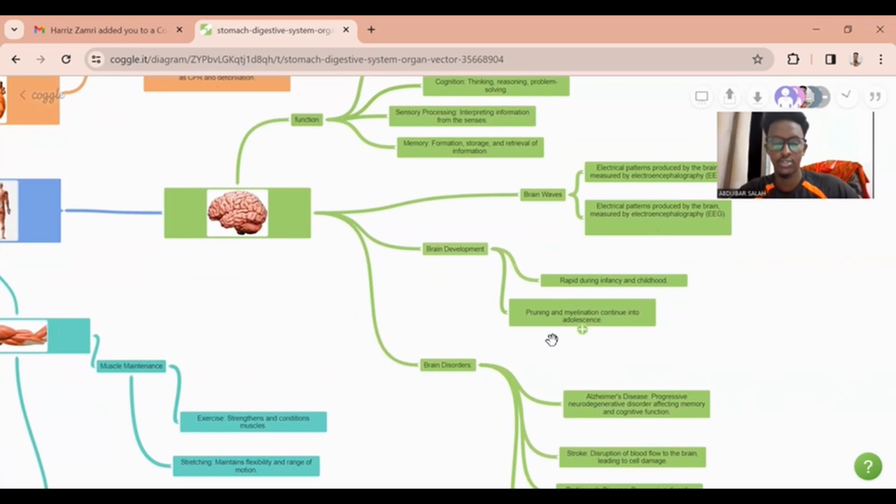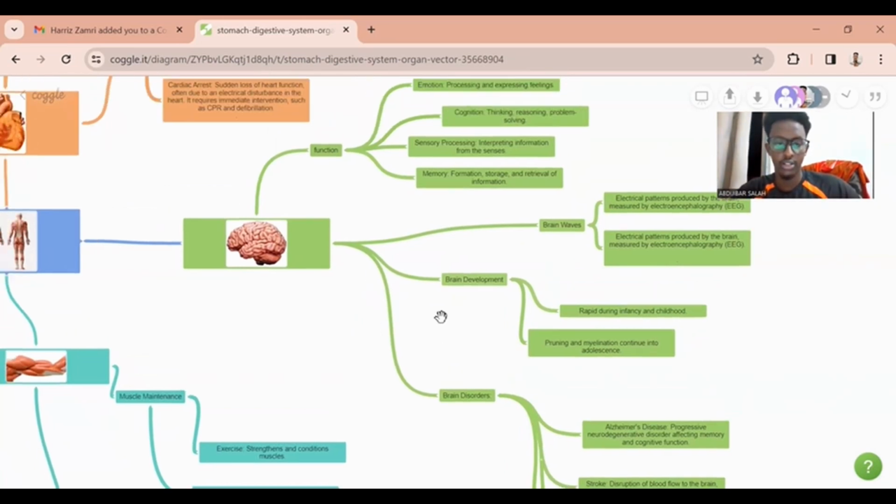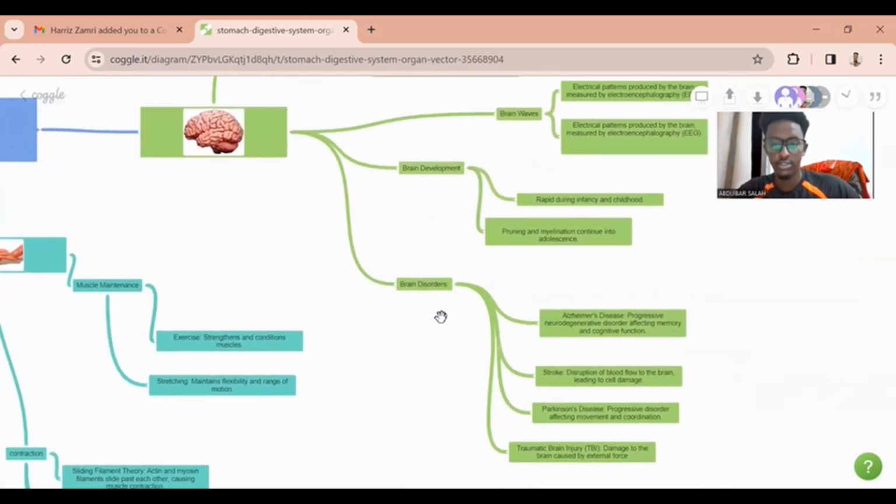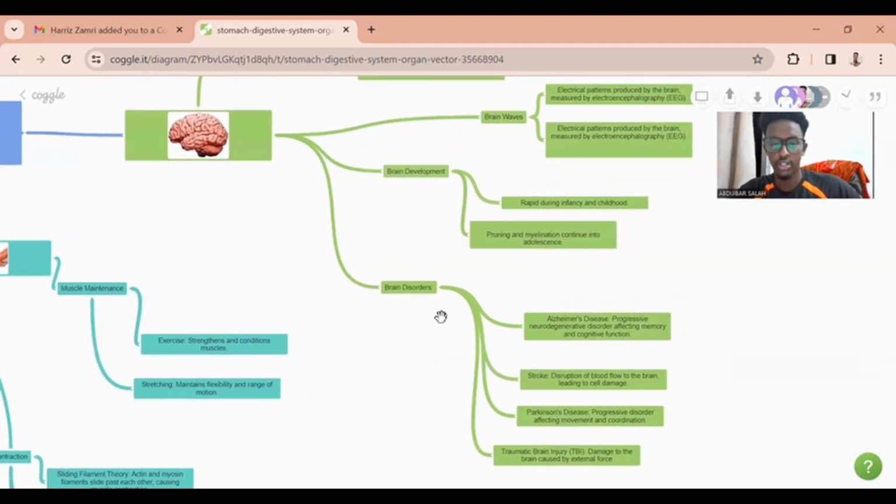Brain disorders. Alzheimer's disease is one of the brain disorders, a progressive neurodegenerative disorder affecting memory and cognitive function. Stroke: disruption of blood flow in the brain leading to cell damage.